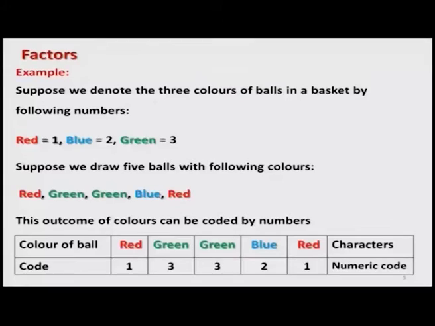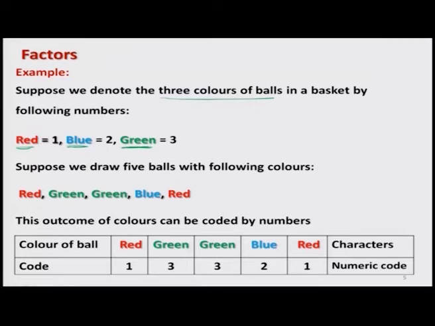Suppose I have a basket which has 3 colors of balls, and these colors are red, blue and green, which I have written in the same colors also for better understanding. Now, red, blue and green are character strings.